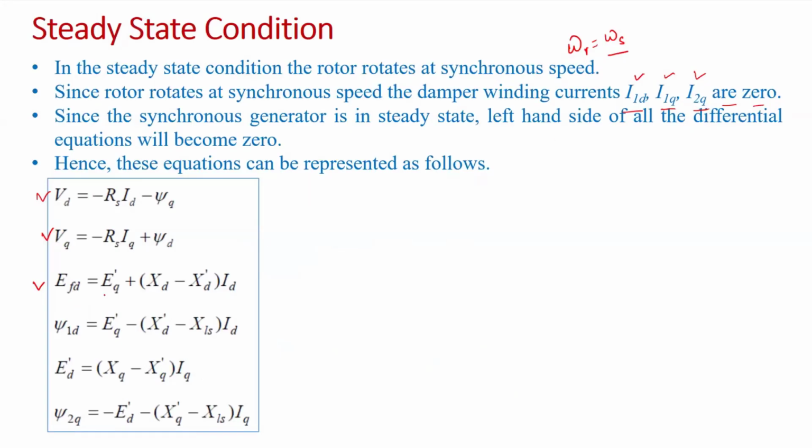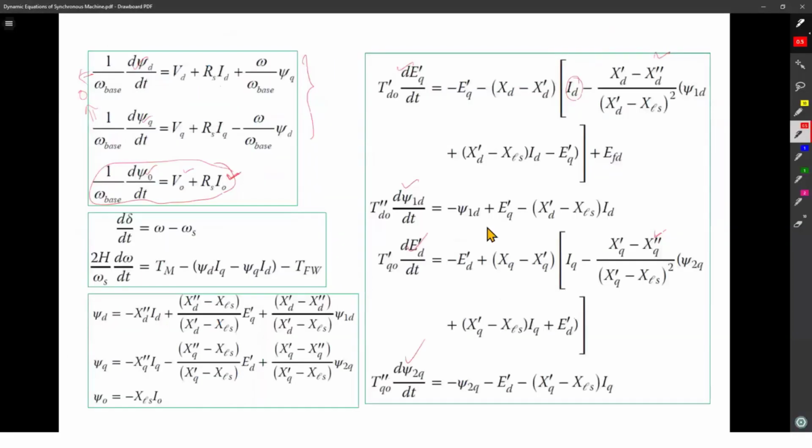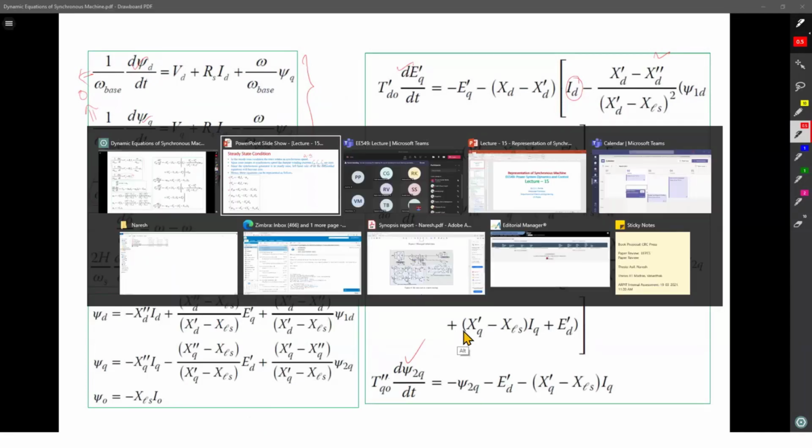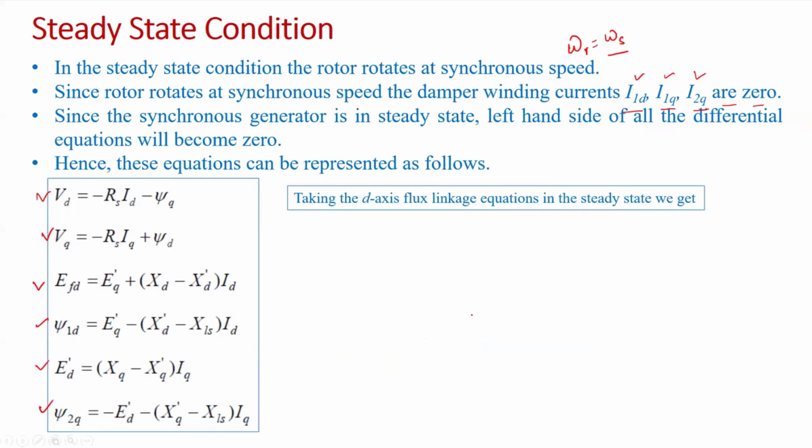So your EFD will become EQ dash plus XD minus XD dash into ID. Similarly, we can find the other equations from the other three equations we had. Now, taking the d-axis flux linkage equation in the steady state, what will we get?